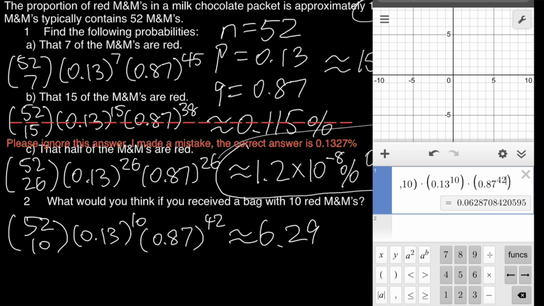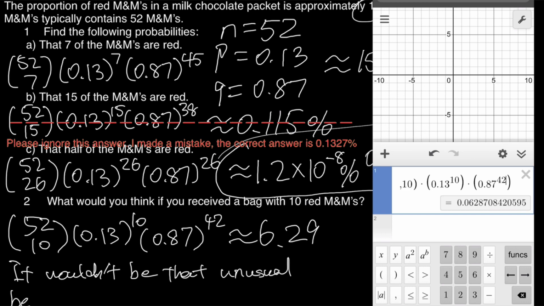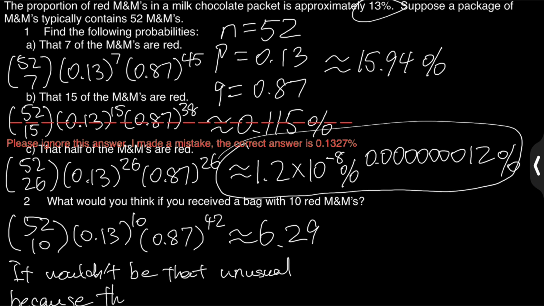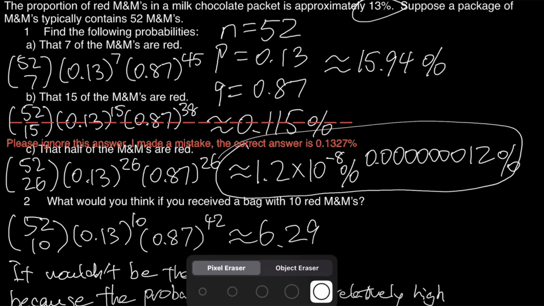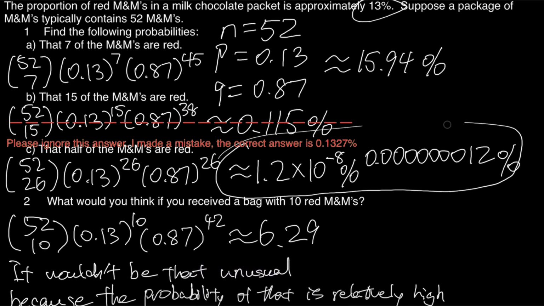So if I received a bag with 10 red M&Ms, I would say it wouldn't be that surprising or that unusual, because the probability of that is relatively high, especially compared to the chances of getting a bag with half of the M&Ms being red.